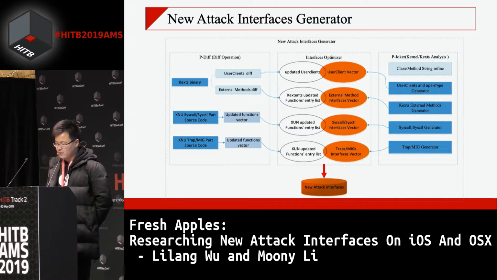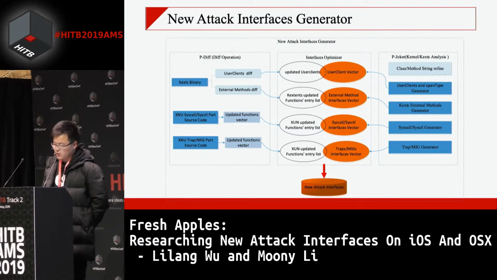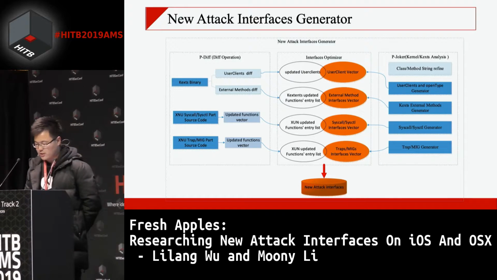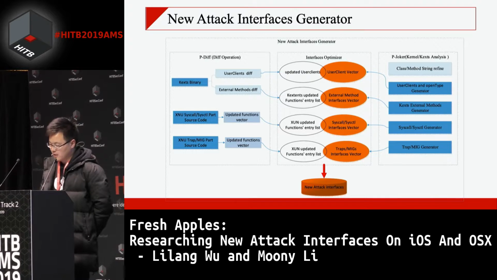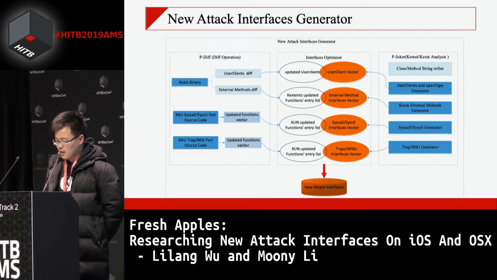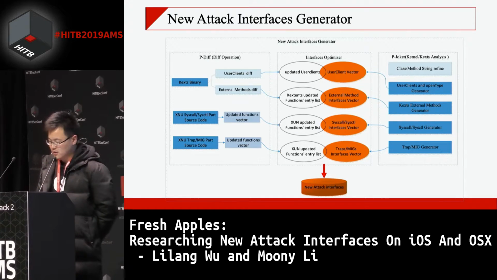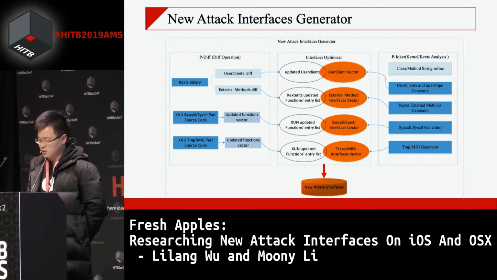The second step is to diff the XNU projects and kernel extensions between 2 neighboring versions, which gets the updated function entry list. The third step is to filter out those entry functions which cannot be accessed from user space and save the remaining ones. And last, we will collect those remaining interfaces and save them into our fuzzing corpus.